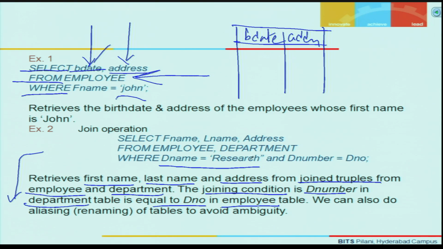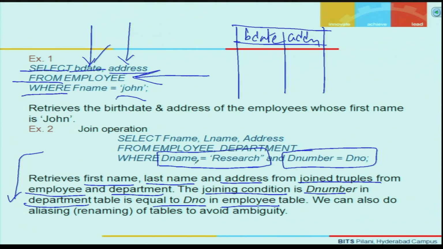First we need to join the tuples which are spread across the employee table and the department table based on the DNO. Then we need to identify the tuples where the D name is equal to research. So this is the join condition for joining the tuples from EMP to department, and then this is the condition to be satisfied by the joined tuples to show up in the result.